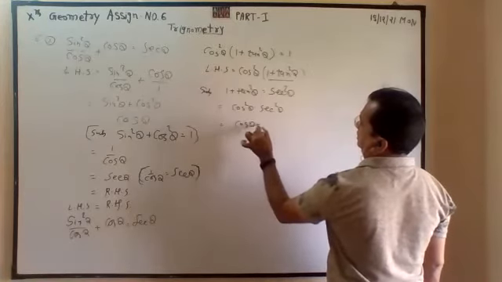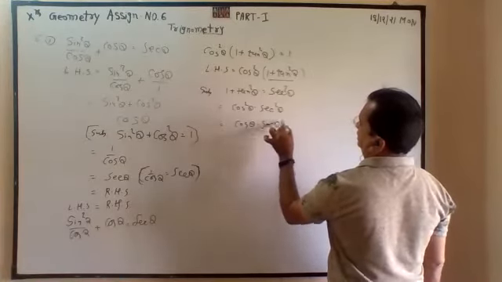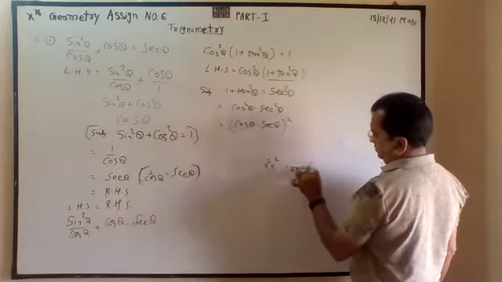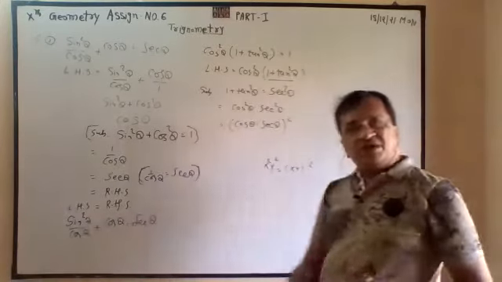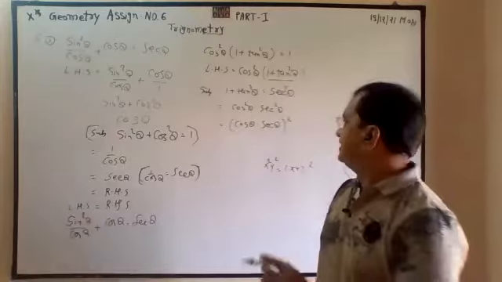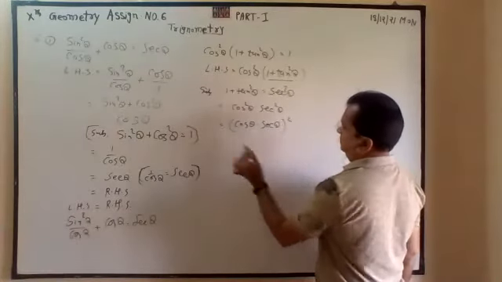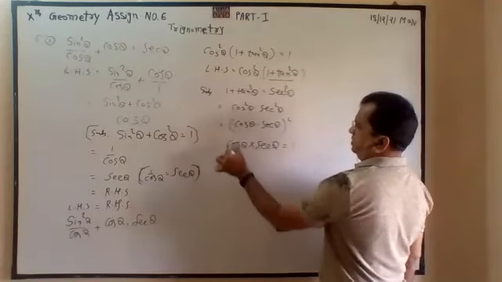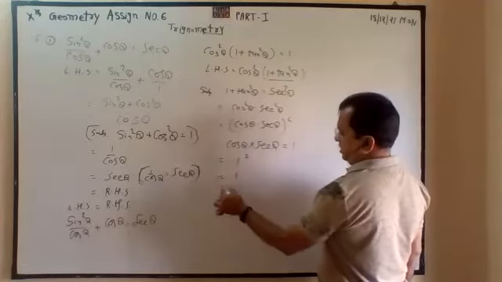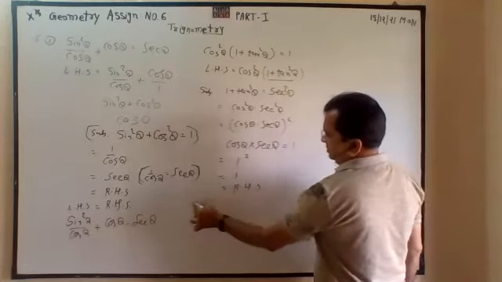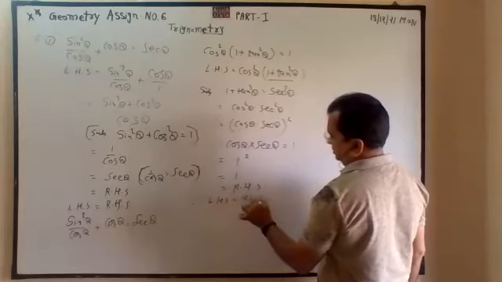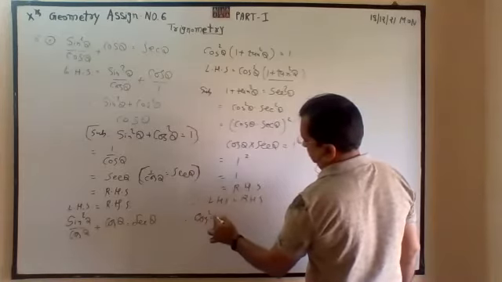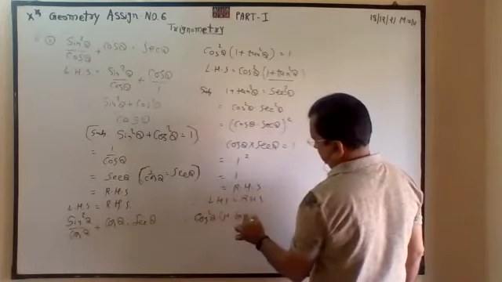Now cos theta sec theta, whole square. But we know that cos into sec is equal to 1. So 1 square is equal to 1, which is equal to the right hand side. Therefore LHS is equal to RHS.